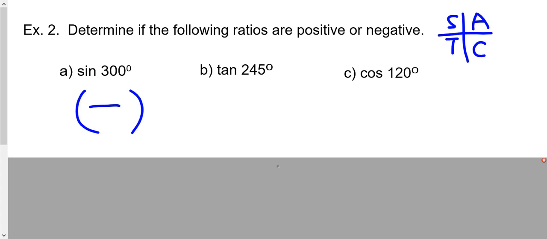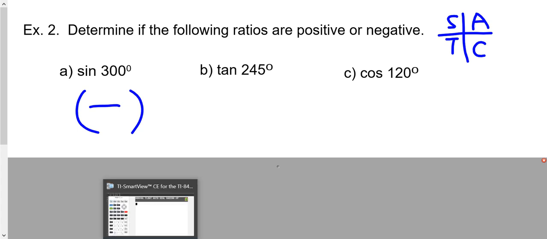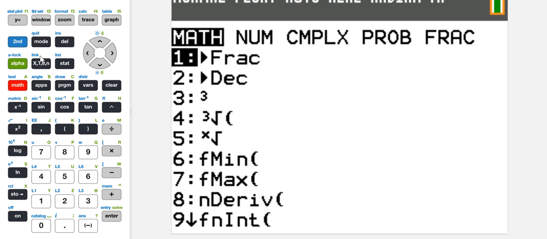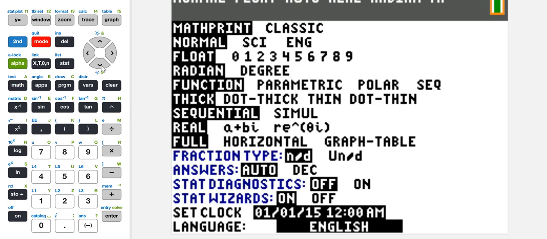Okay, you can cheat a little bit. If you're saying that's too much to remember, you can use your graphing calculator. Just a sincere reminder that radian mode will screw you up. So you go to mode, down here, not radian, go to degree.